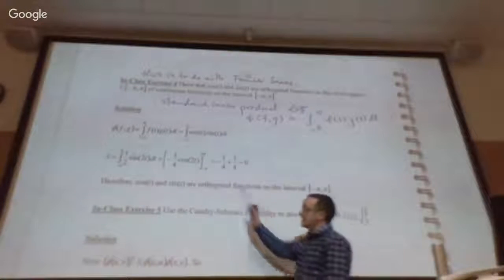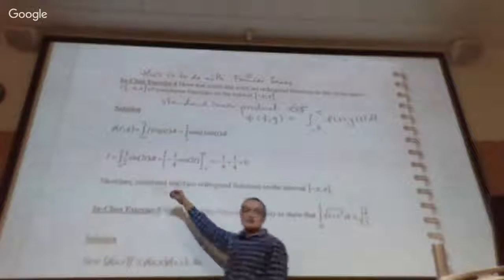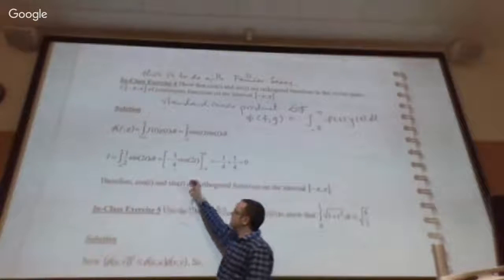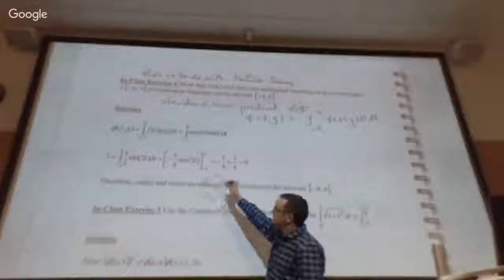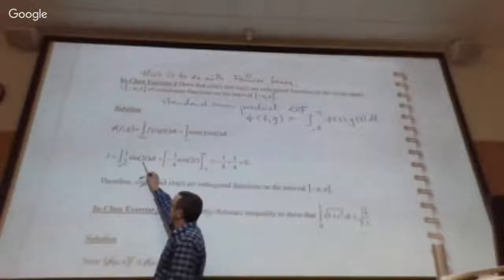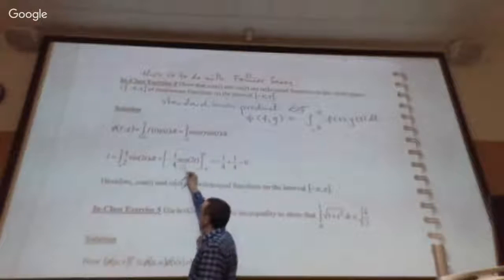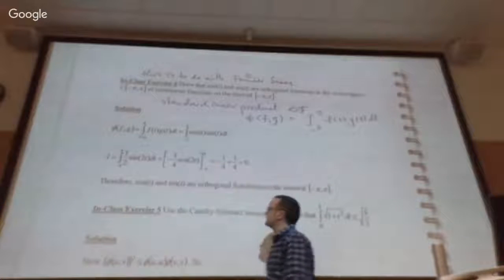Then we can make use of just the standard result about the integral of sine. The integral of the sine function is minus cosine. And you've got to compensate for the presence of this 2 here, using the chain rule of differentiation. You end up with minus a quarter times the cosine of 2t. And we're integrating from minus pi to pi.